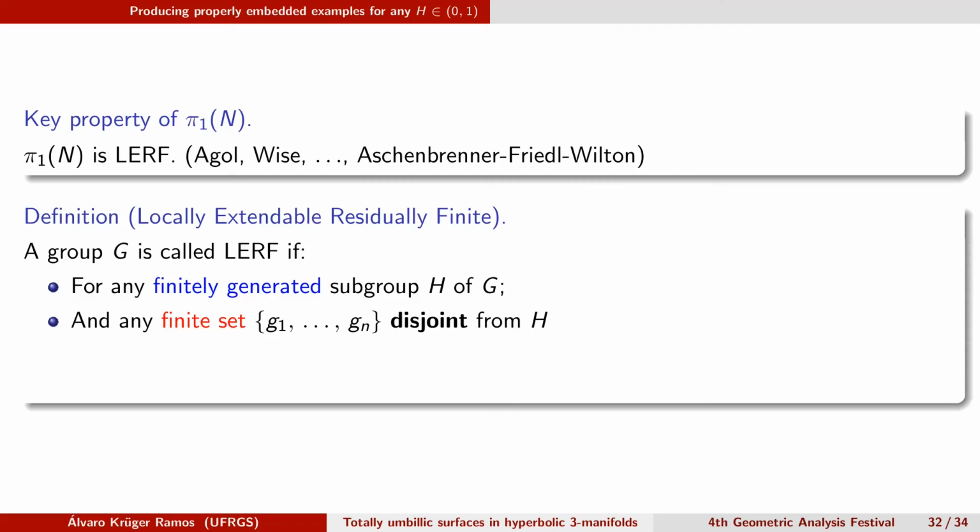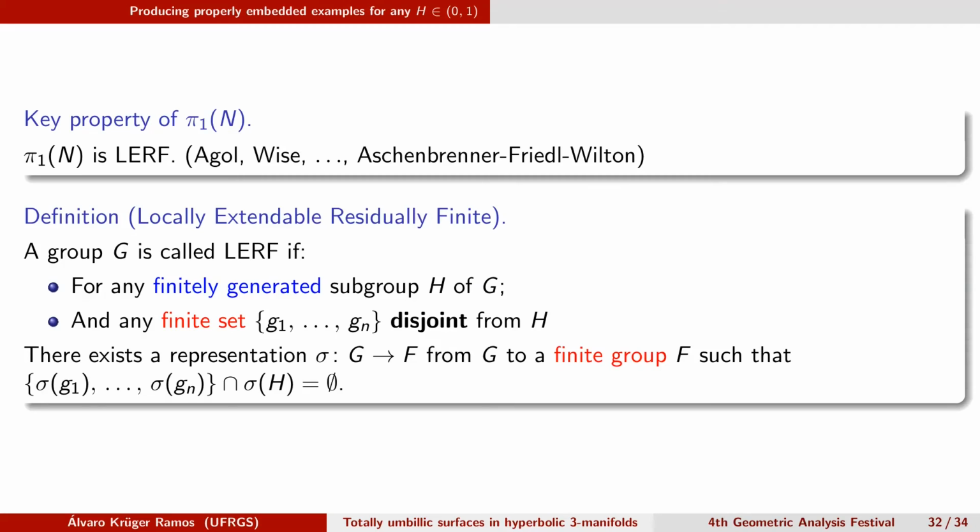And in practical terms, this means that there exists a representation from G to a finite group F, and this is important, F is a finite group, such that the image of these elements is disjoint from the image of H. That's the definition of LERF, and we are actually going to use it.